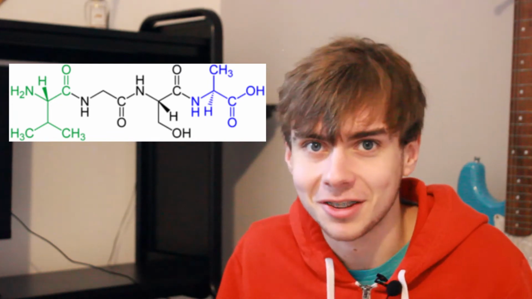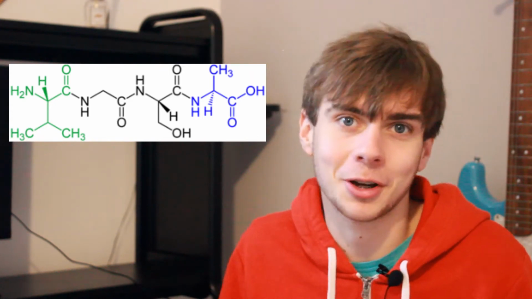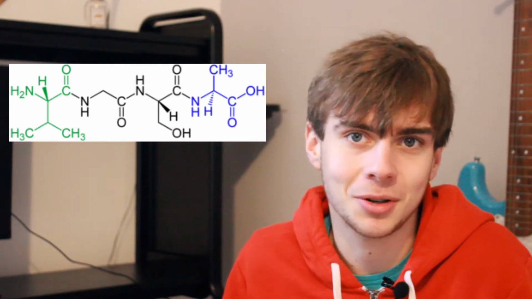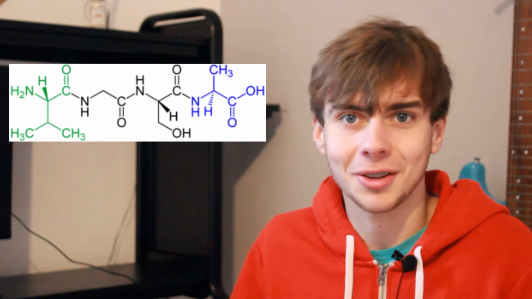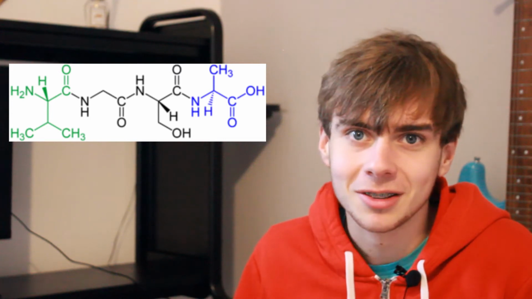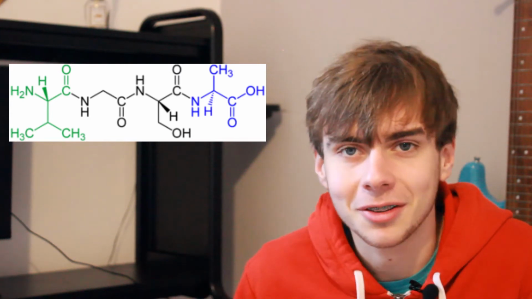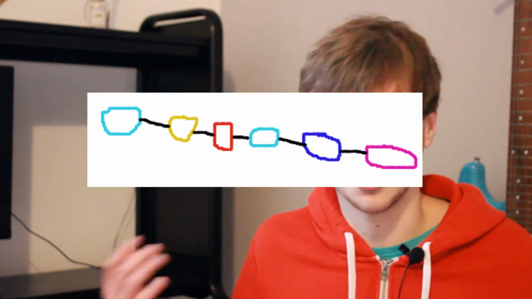Wow! Condensation. Yeah, as I said before, most of these molecules are formed by condensation and broken up by hydrolysis. It's kind of an easy thing to remember at this point, and it's kind of a repetitive point, but nevertheless, it's still formed by condensation reactions. And these condensation reactions take place between two of these molecules to form a longer chain.